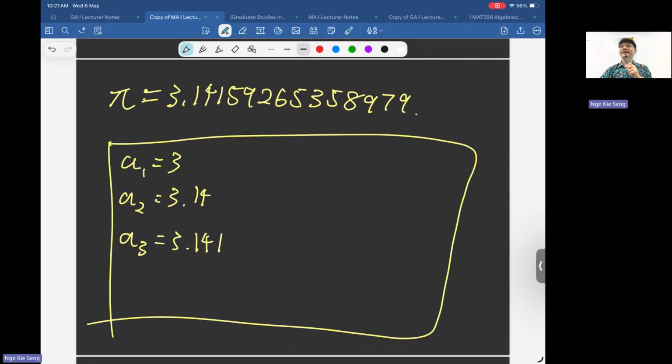Okay, so the flow is like this. Either we can do this lim sup lim inf first, or we talk about continuous function a bit.